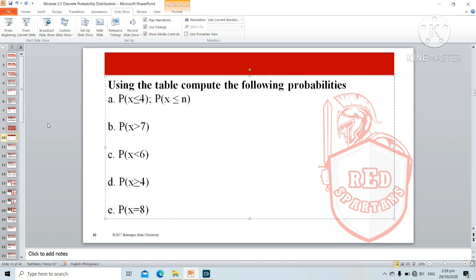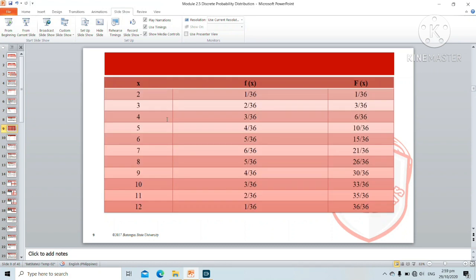So, balikan natin yung table. Kapag less than or equal to 4, ano ba yung ating random variable? 2, 3, 4. Then, ang kanyang function of x or yung probability niya is 1 over 36 para sa 2, 2 over 36 para sa 3, and 3 over 36 para sa 4. Ibig sabihin yung probability natin kapag less than or equal to 4 is 1 plus 2 plus 3 is 6 over 36.